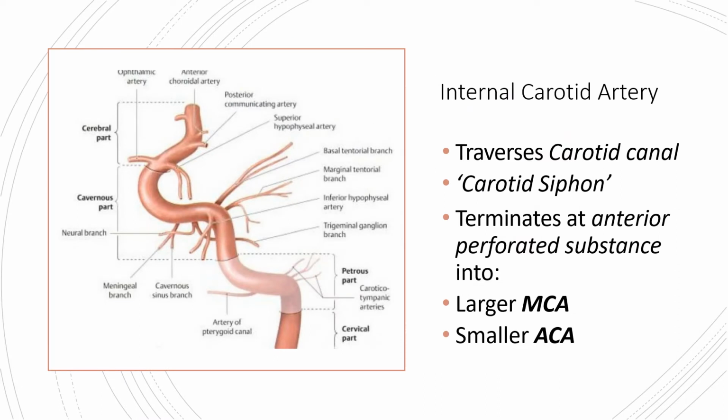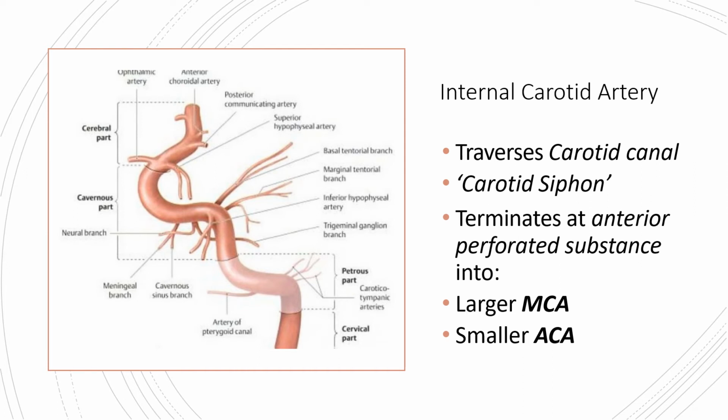After reaching the subarachnoid space, the internal carotid artery first runs backwards and then upwards to come to lie lateral to the optic chiasma just below the anterior perforated substance of the brain.